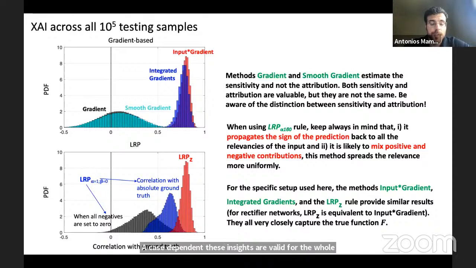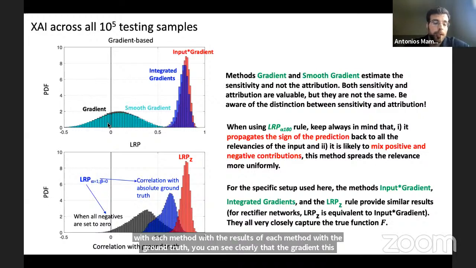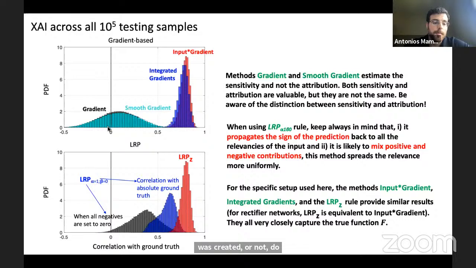And so what I'm presenting here is the correlation coefficient of the results of each method with the ground truth. You can see clearly that the gradient and the smooth gradient do not correlate with the ground truth. There is a correlation of 0 on average. The input times gradient, integrated gradients, and LRP-Z for this specific setup and for this specific model are the most consistent methods.